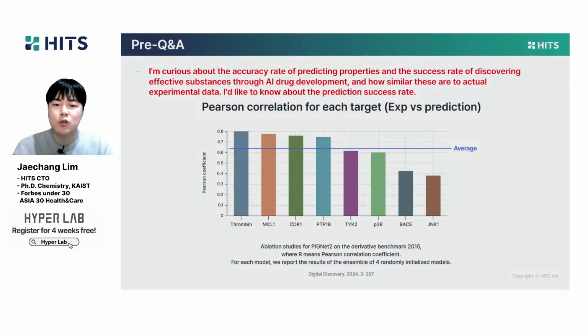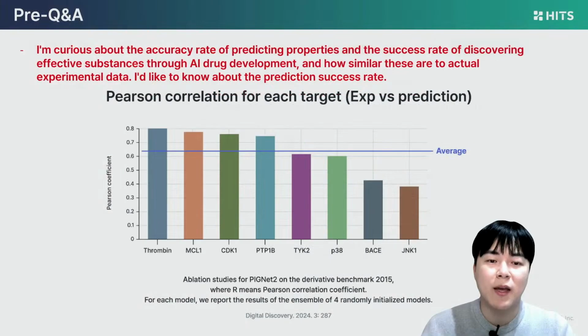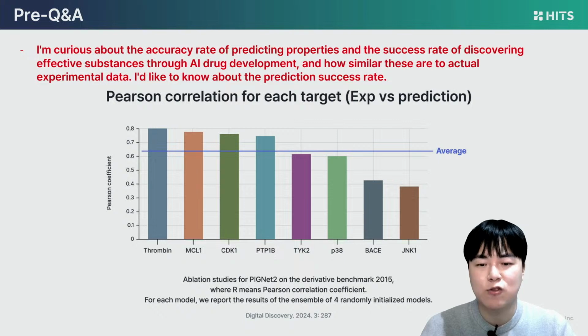And the second question was about the accuracy of properties predicted by AI, and the success rate of discovering effective substances, as well as how similar these are to actual experimental data.